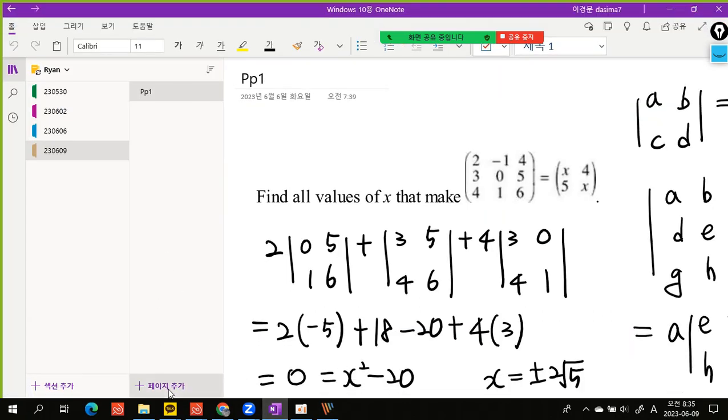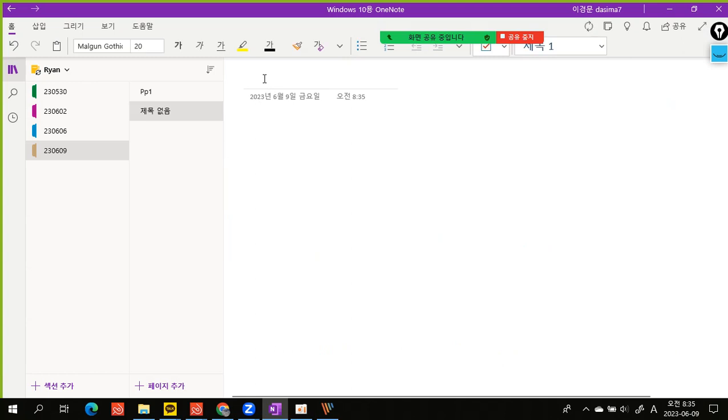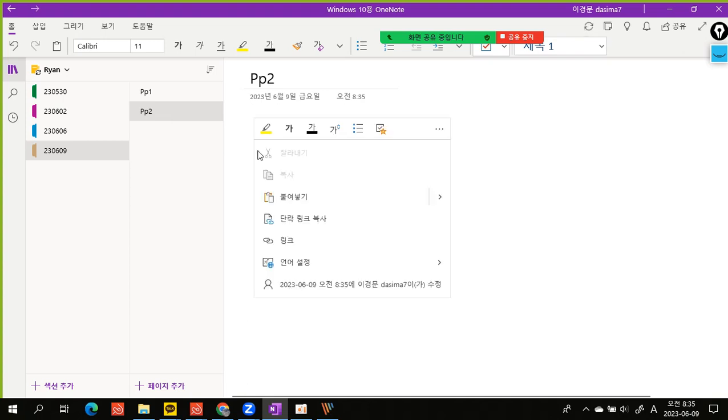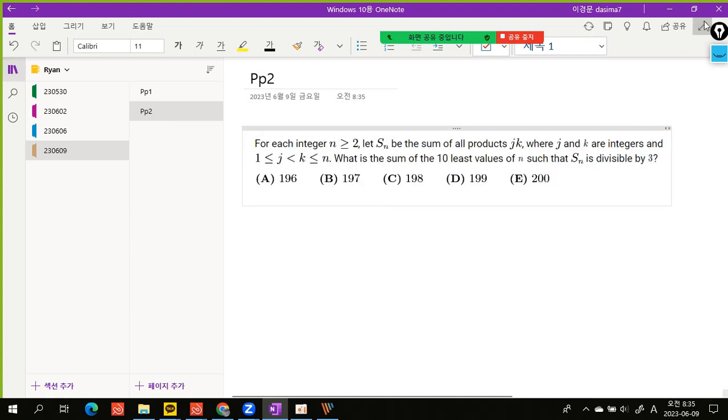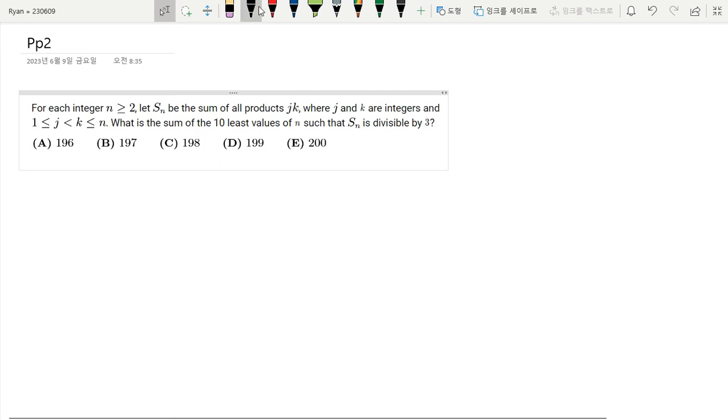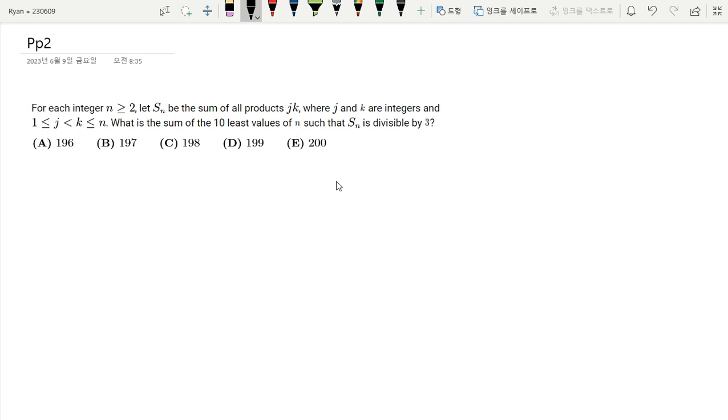So in this problem, we want to multiply all the elements within the interval. So let's just start with the number 1 when j is 1. K should be greater than j, so k should be 2.